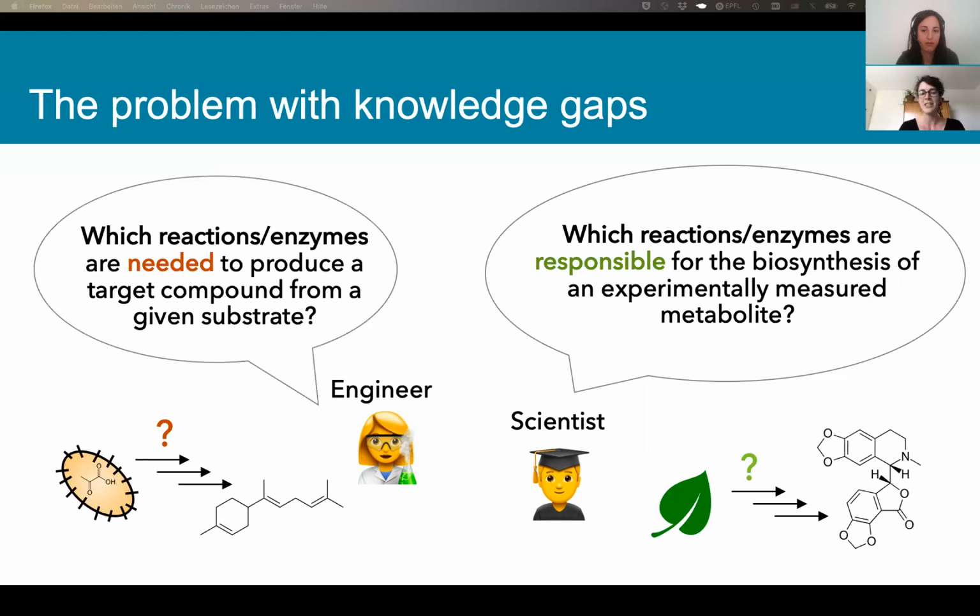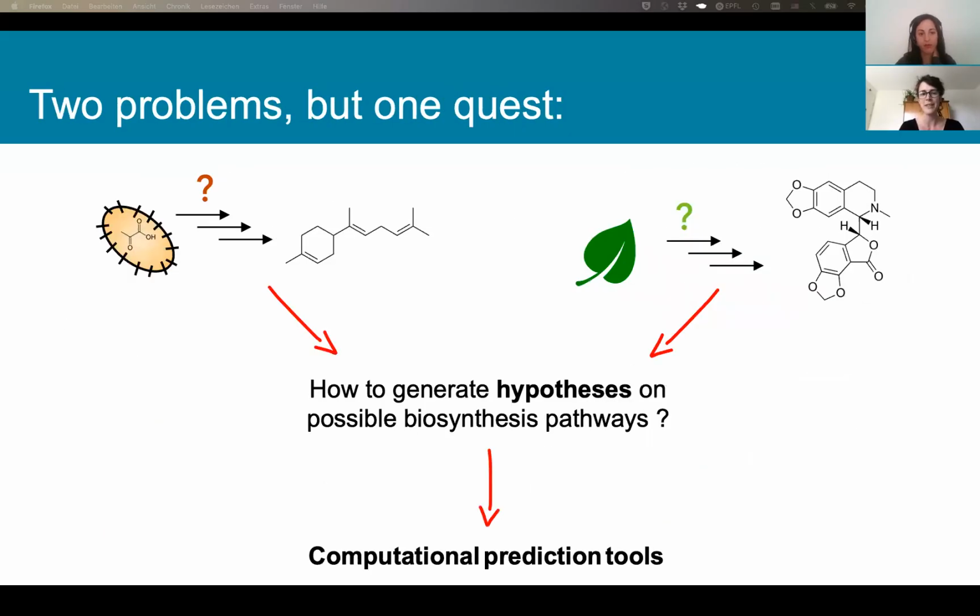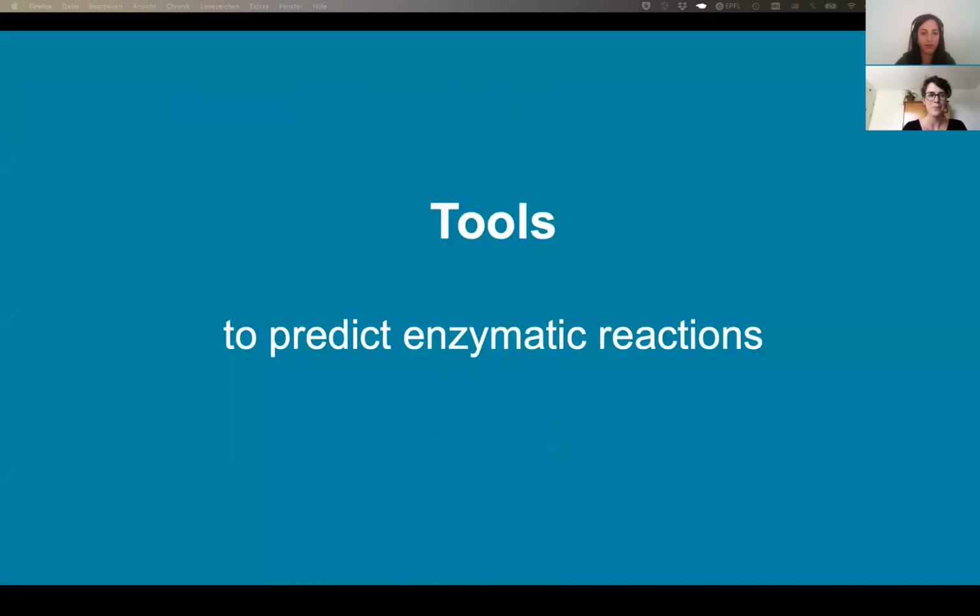And then the engineer would ask quite similar questions, which is which reactions and enzymes are needed to produce a target compound from a given substrate. So the questions are formulated a bit differently in the engineering and scientific aspects, but in the end it's the same thing, right? The question is how we can generate hypotheses on possible biosynthesis pathways. And for this, we can use computational prediction tools.